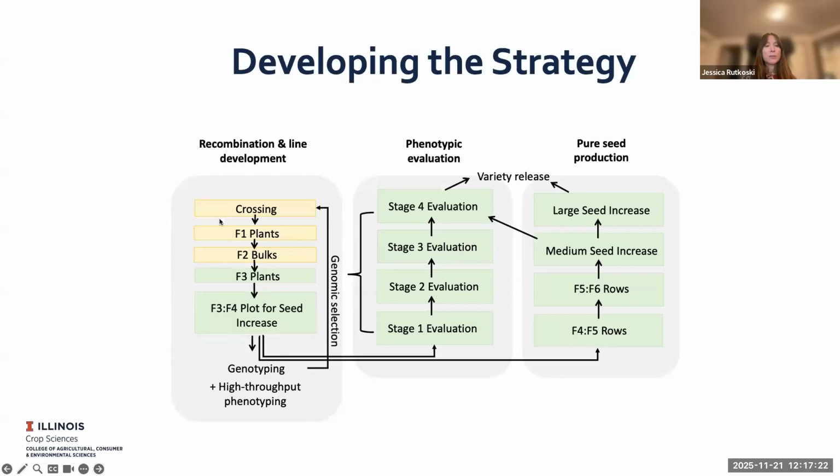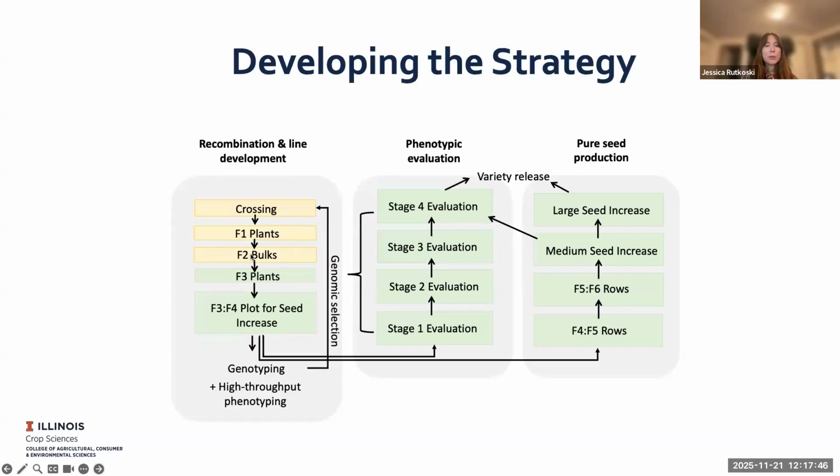So that right there becomes our minimum breeding cycle time from crossing down to the seed increase plot, the F3 derived F4 seed increase plot. Using our genotypic data, we can use genomic selection here and then start selecting parents again.